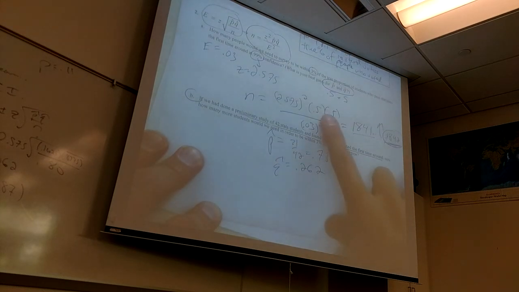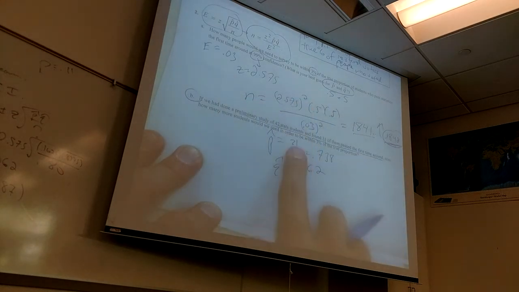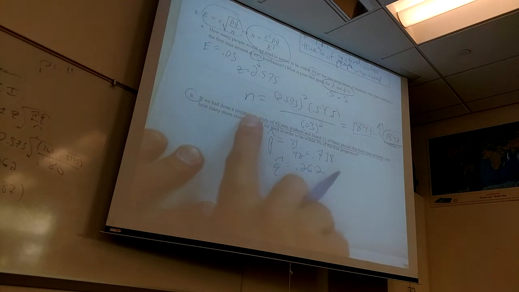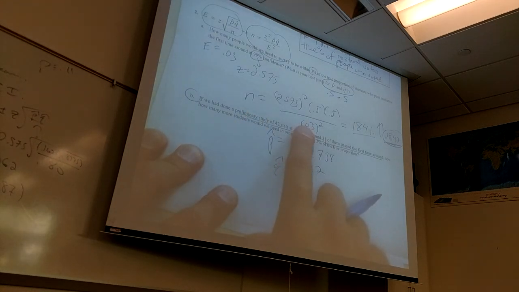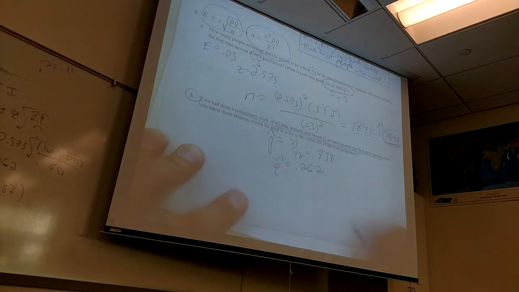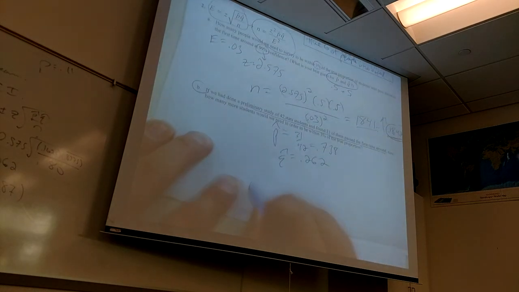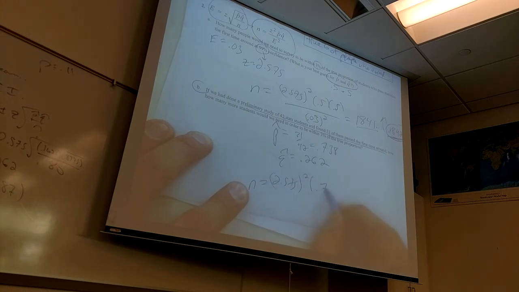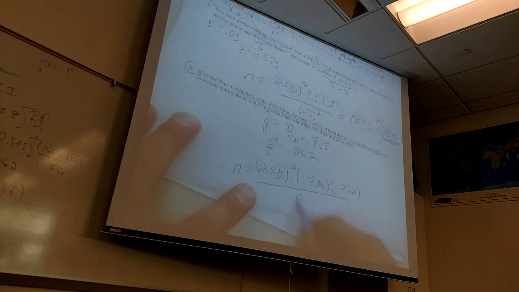So earlier we had to guess it was 50-50 because we had no idea. The problem didn't tell me. Now they're saying I did a preliminary study and I found this. This is one reason why preliminary studies are done, to set up some baseline from which you calculate things better for the next step. So now I can plug everything in there. I get 2.575 squared times my p hat, q hat that I now have.